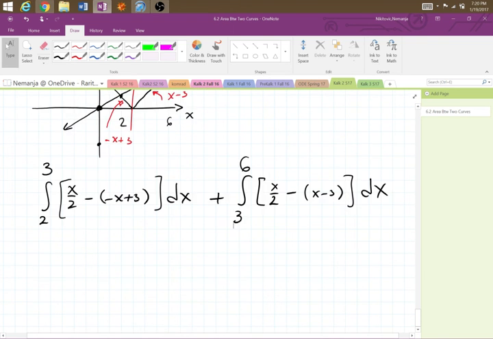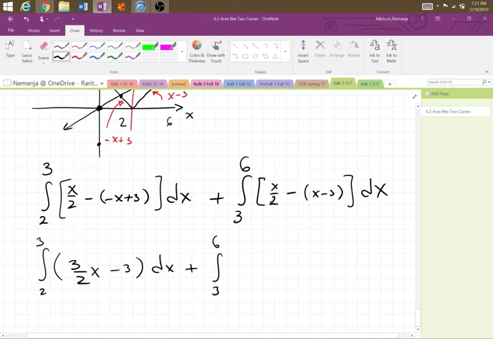So now we have the integral 2 to 3 of x over 2 plus x minus 3 dx plus the integral. I could have combined that into one fraction, 3/2 x. Yeah, let's do it, 3/2 x. Such is life. 3/2 x, there we go.